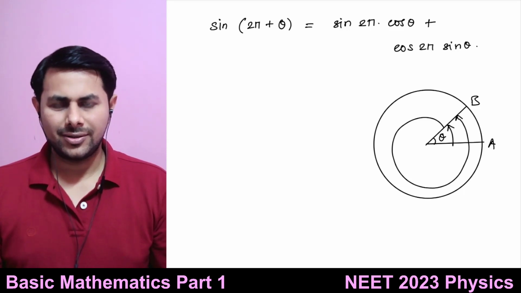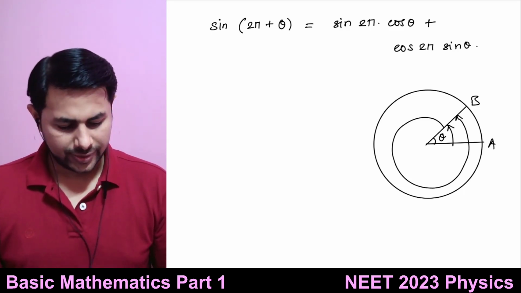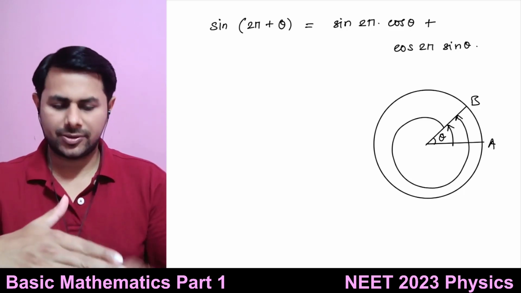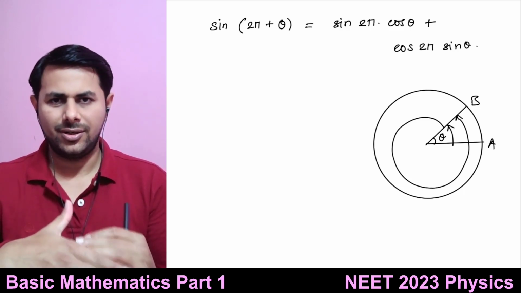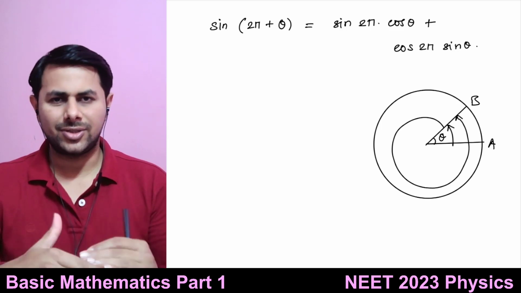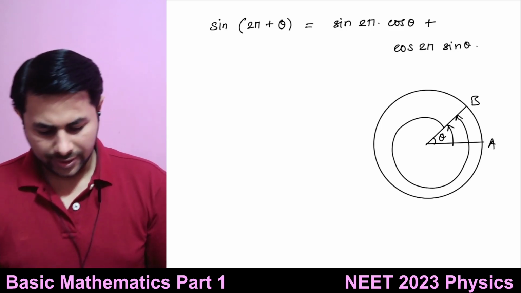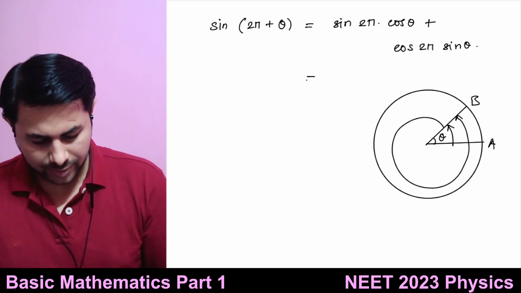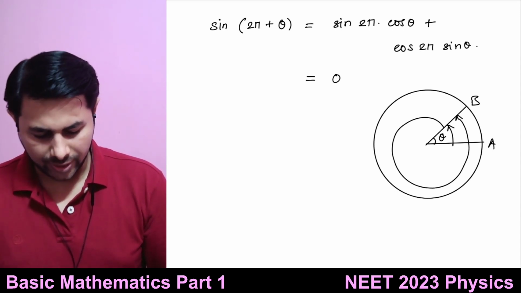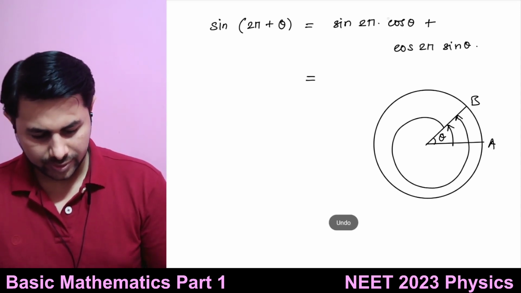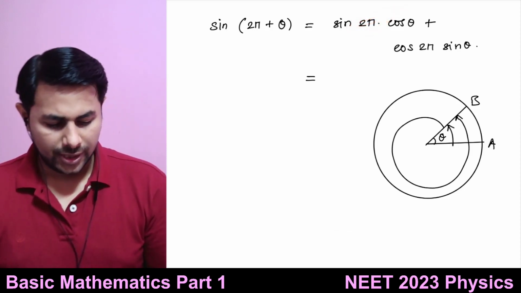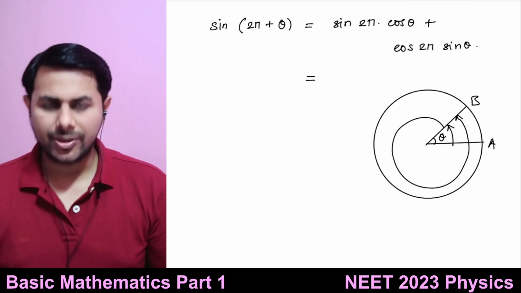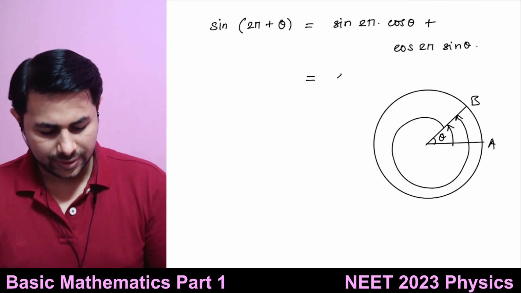Sine of 2 pi will be 0. In 2 pi we complete one rotation, that means we come back to the same position. So it is 0 multiplied by cos of theta, so this term becomes 0, and cos 2 pi is equal to 1. So we have 1 multiplied by sine theta, that is sine theta.